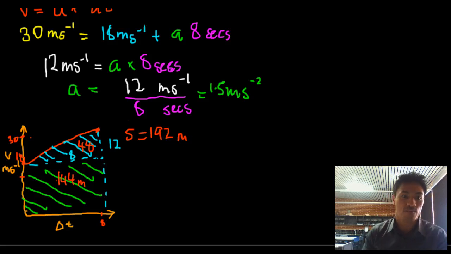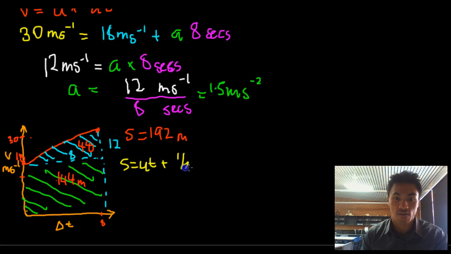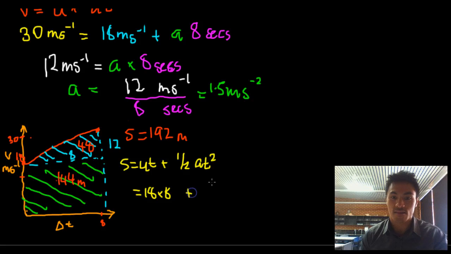So let's check it. If we have S equals ut plus half at squared, our initial velocity was 18 times 8, which is this area, plus half. Our acceleration was 1.5, and our time was 8 squared.